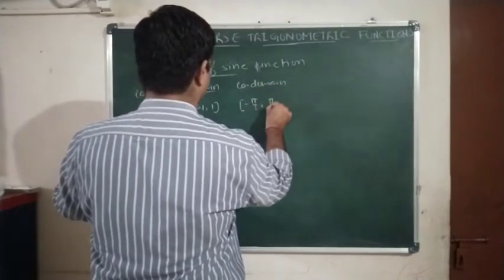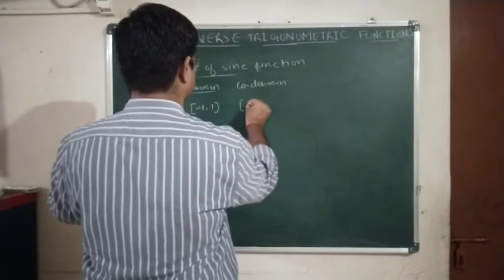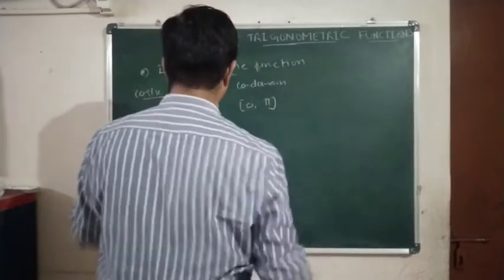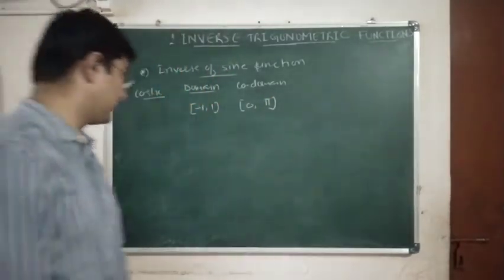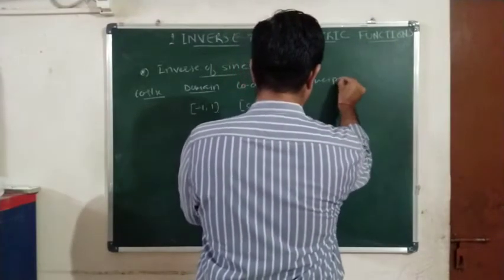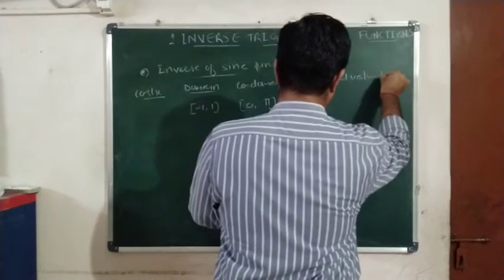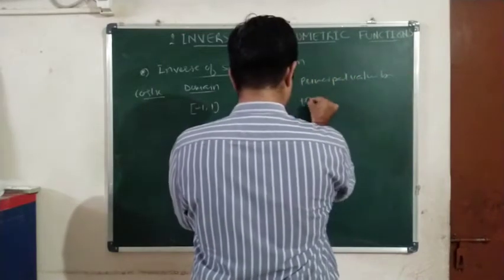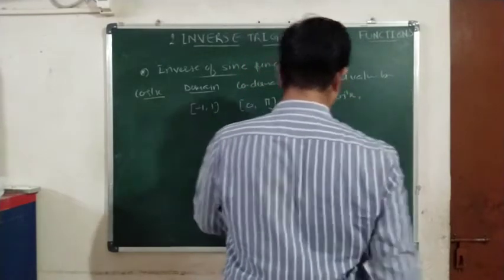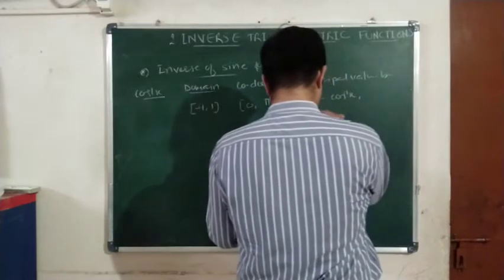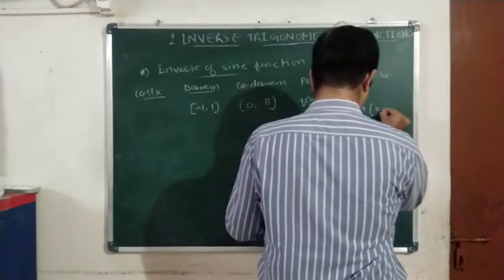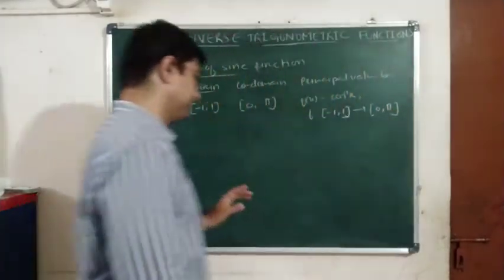Here remember that the codomain and range are the same, yes or no, because this is a bijection. 0 to pi is the range, the codomain, and the principal value branch will be f from minus 1 to 1 to 0 to pi.